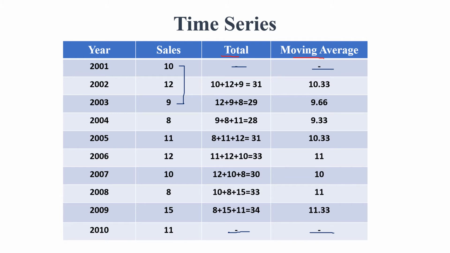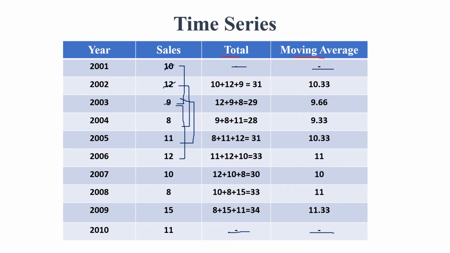Now when we go to the second, this first year will be skipped out. We will be taking the next 3 years. Again, when we turn towards the next one, this will be skipped out and we will take the next 3 years. Next, I'll skip this year and go with the next 3 years.